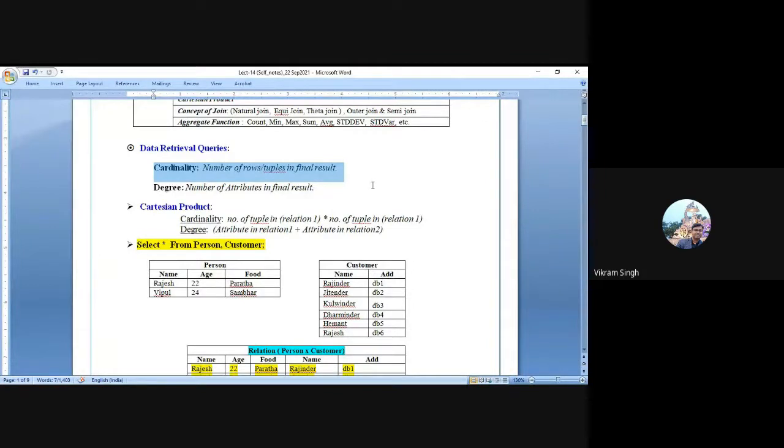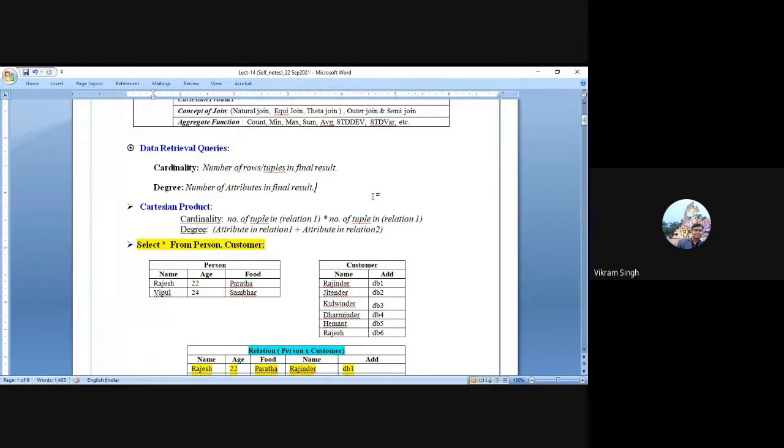It is usually asked what is the cardinality of group by, of having, or of the where clause condition. Sometimes in an exam, sometimes in an interview, it is asked what the cardinality of a certain operator is. Similarly, the degree. Degree shows the number of attributes in the result. So whatever query result you have at the end, what will be the possible number of attributes there, right?